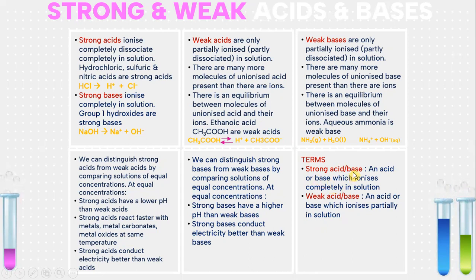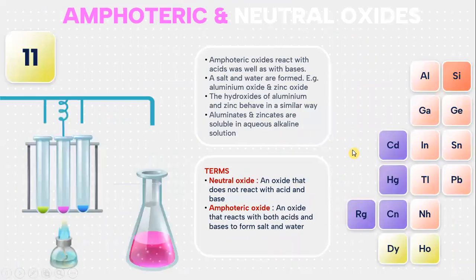Okay, finally, we have some terminology if you want to understand more about what is meant by strong acid or base: an acid or base which ionizes completely in solution. A weak acid or base is an acid or base which ionizes only partially in solution. And we have amphoteric and neutral oxides. Amphoteric oxides react with acids as well as with bases. A salt and water are formed, for example aluminium oxide and zinc oxide.